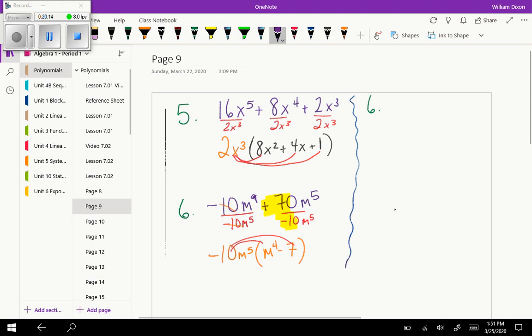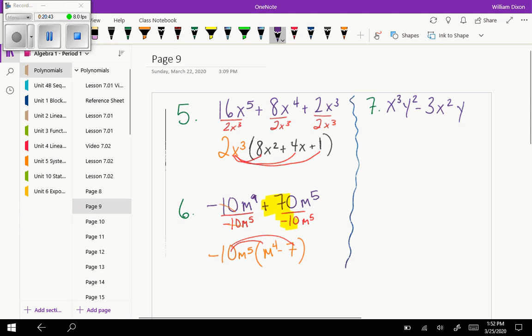So number 7 is x to the third, y to the second, and that's going to be minus 3x squared y.